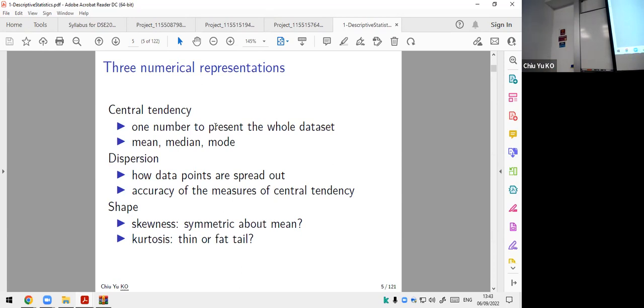And for these 2, mean and median, later you will see when to use what. Of course, you should use both if you can, but which one is more useful? It depends on what you will learn later, called skewness. If the data is skewed, then you should use median.